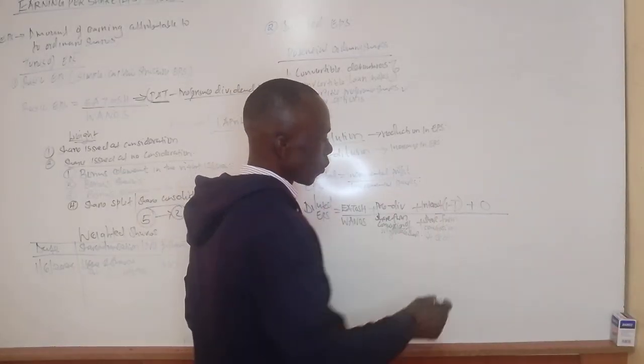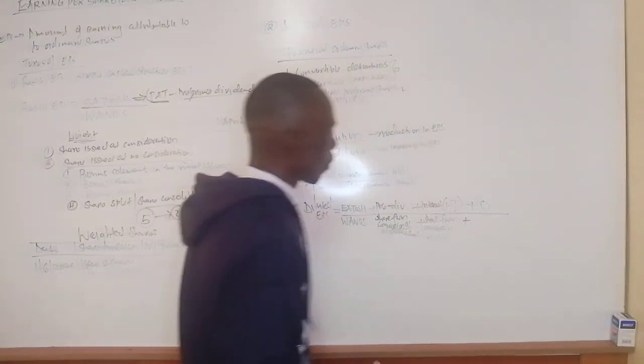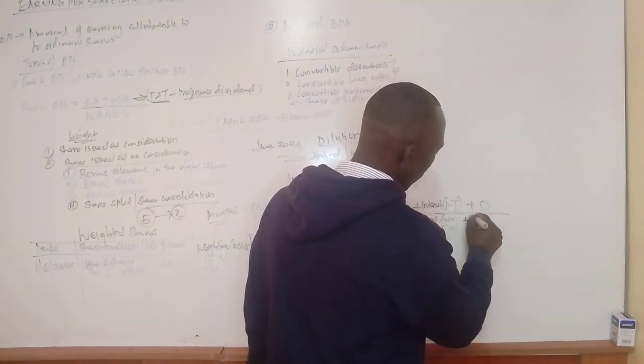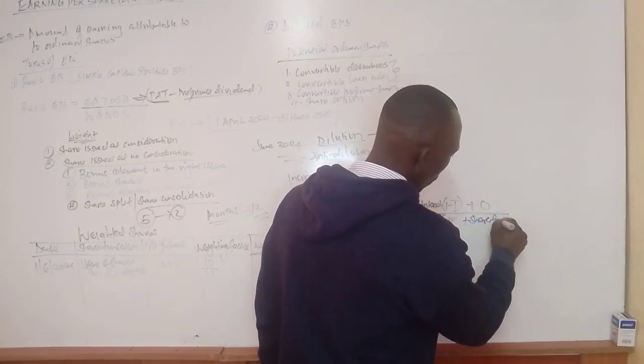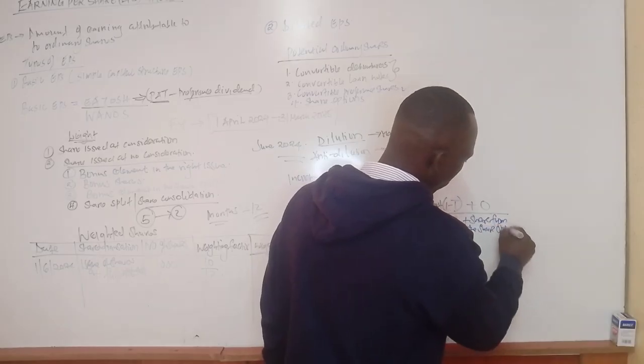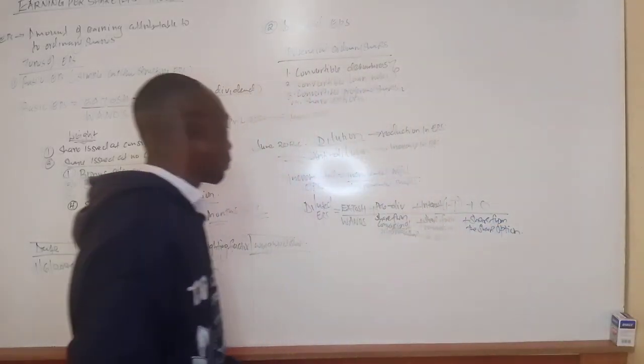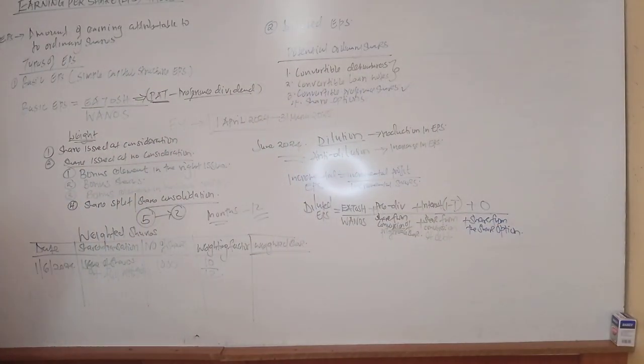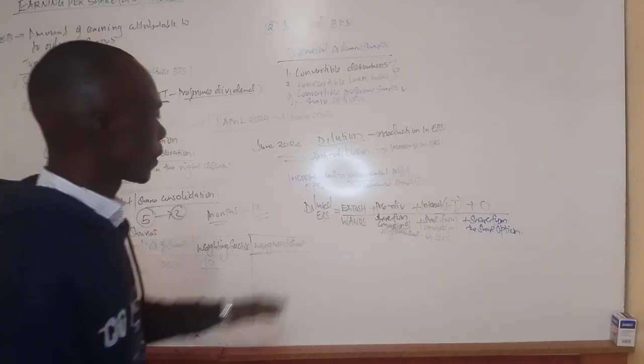So it will be 0. Then down here we are going to add the shares from the share option. So that is how you are going to compute the diluted EPS.